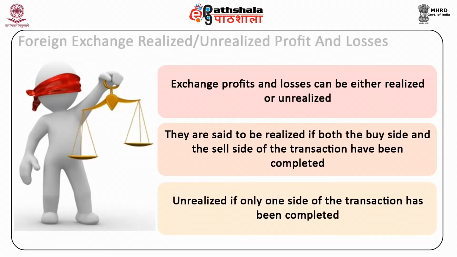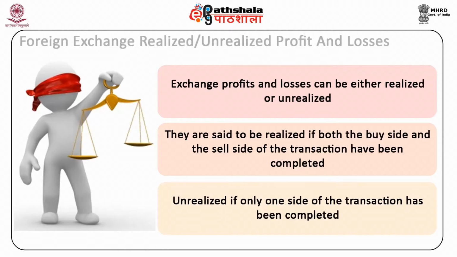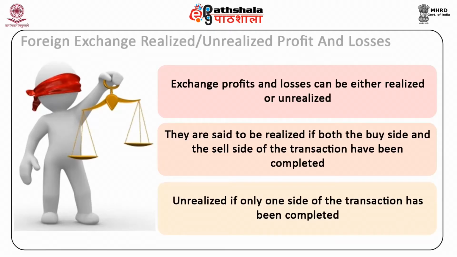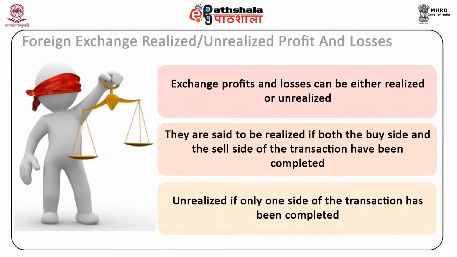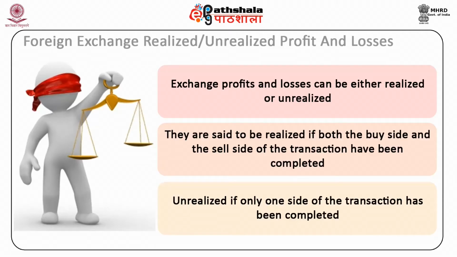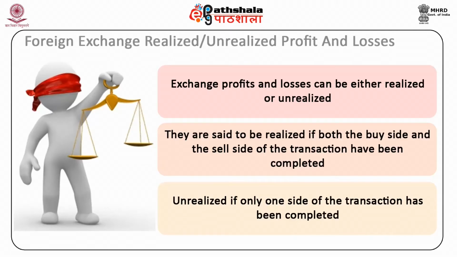For example, calculate the unrealized profit or loss if 10 lakh pounds sterling were purchased at a rate of 1 pound sterling equals 1.4450 US dollar and could be sold at a rate of 1 pound sterling equals 1.4435 US dollar.